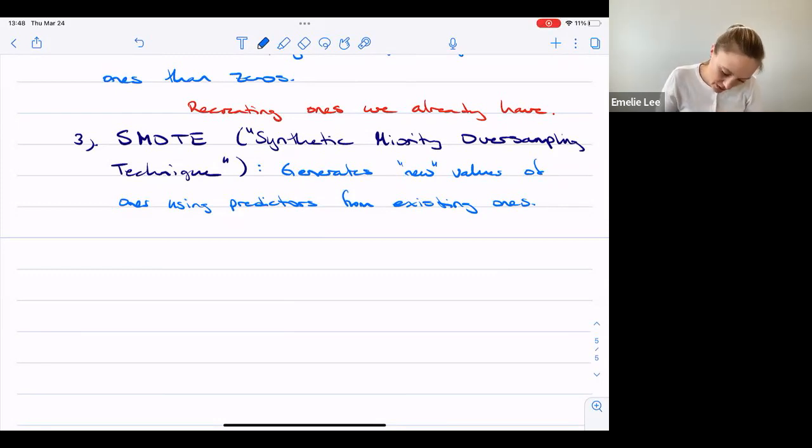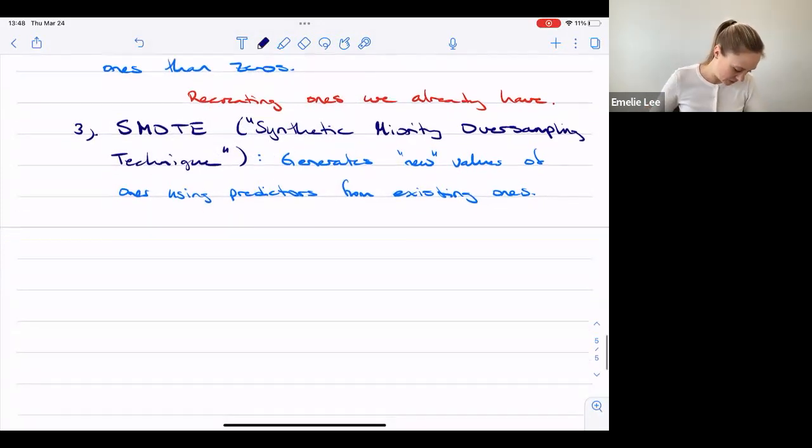Okay. So the very last thing that I wanted to say was, once you have these probabilities of being in class 1, which means you have the probability of being in class 0, you definitely want to consider the cost of misclassifying or correctly classifying a 1, or potentially a 0, but usually a 1.